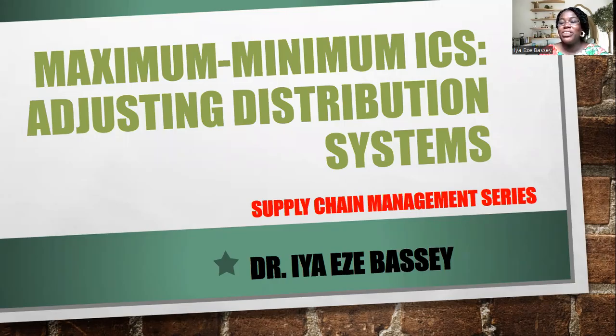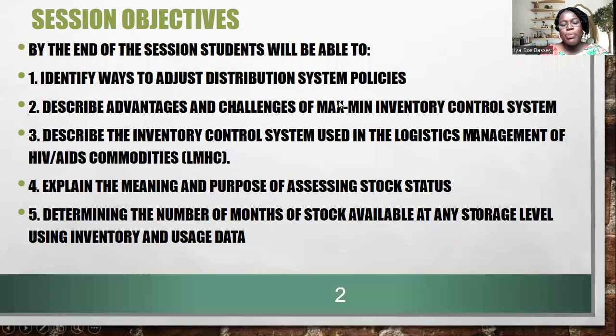Today, we are going to deal with a very interesting topic: adjusting distribution systems in the maximum-minimum inventory control systems. By the end of the session, you should be able to identify ways to adjust distribution system policies.